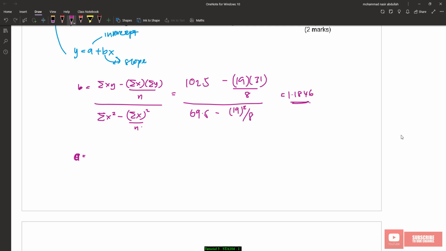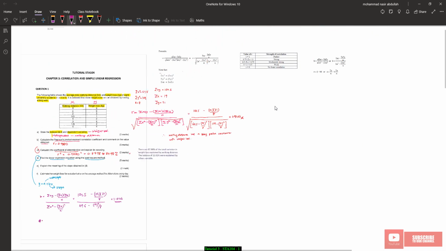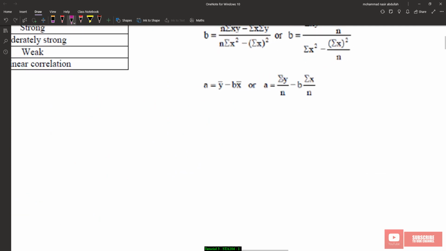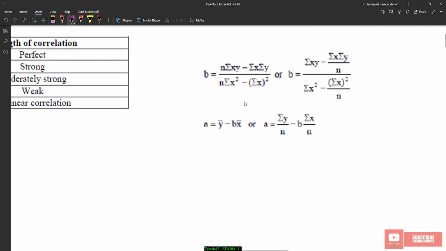And for the formula for A, let's look at it. A is equal to mean of y minus b multiplied with mean of x, right? So plus or minus here depends on the value of b.